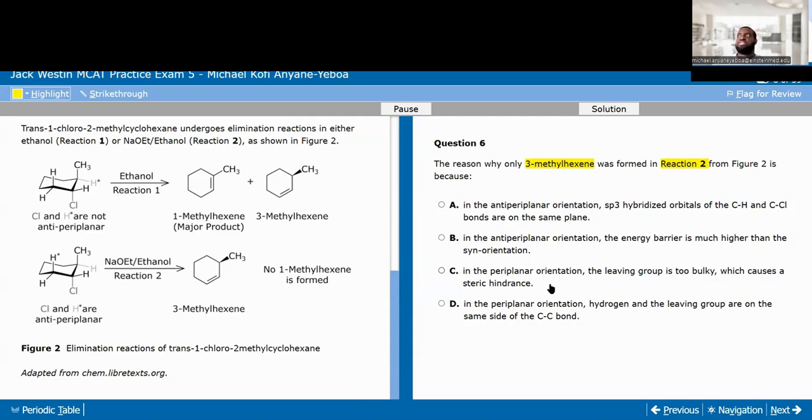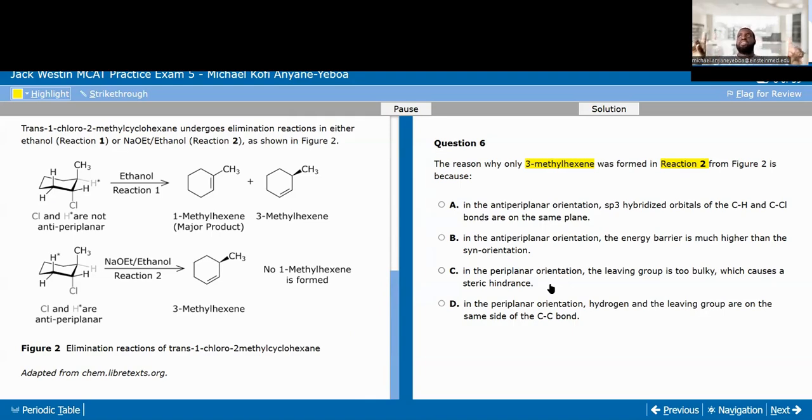One of the things that stands out is that with the E2 reaction, they have to be anti-periplanar. In other words, they are moving in the opposite direction, but they are still in the same plane. The leaving group and the hydrogen that is going to be affected have to be in the same plane and opposite direction, right? And that's one of your lowest energy states to allow the E2 reaction to move forward.